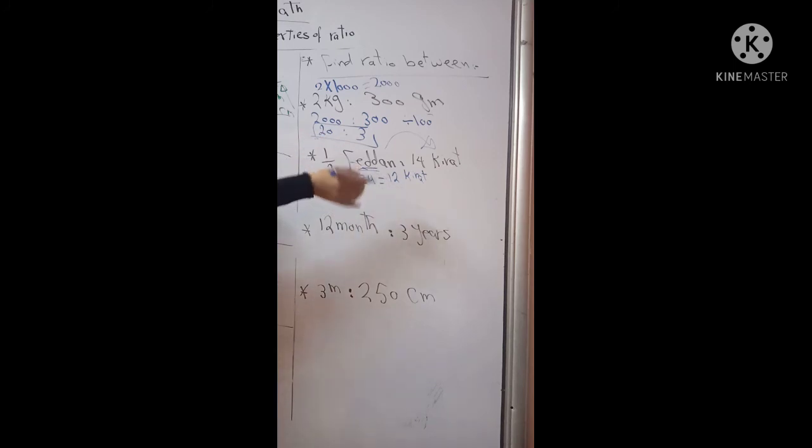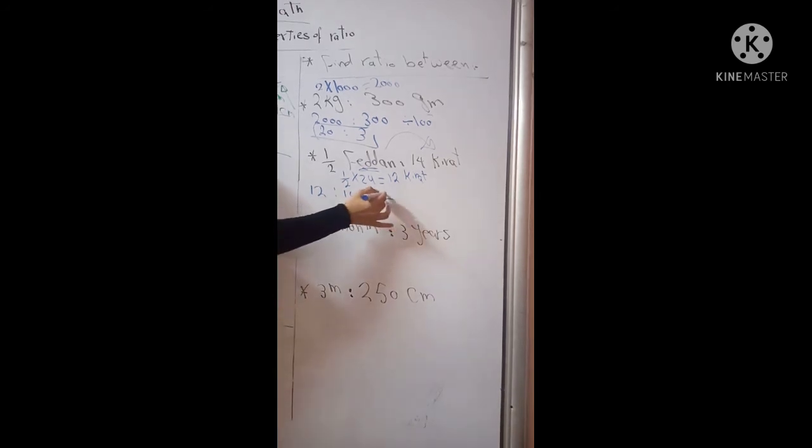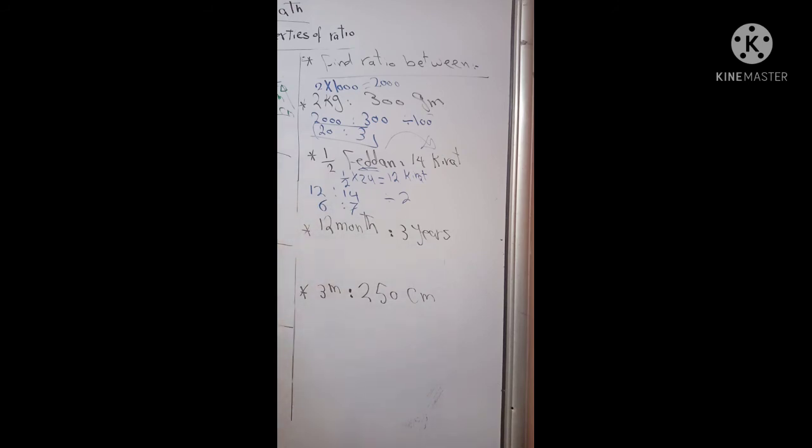Replace half فدان by 12 كيرات. 12 كيرات to 14 كيرات. You will divide it by 2. 12 divided by 2 equals 6, and 14 divided by 2 equals 7. The ratio between the two numbers half فدان and 14 كيرات equals 6 to 7, or 6 by 7 in the simplest form.